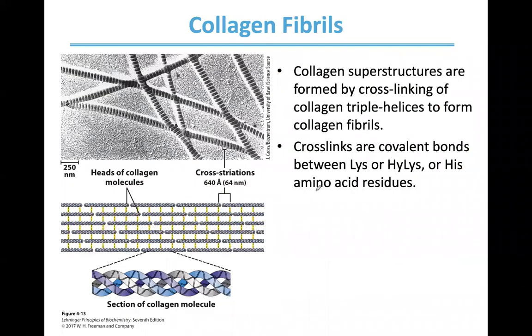All right, and so collagen also, these triple helices of collagen, they also interact with each other, forming collagen fibrils, and many times they're cross-linked, and they form extremely strong superstructures, stronger than metal and things like that.